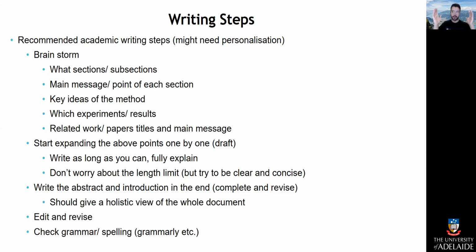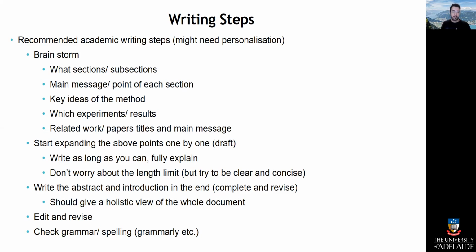So start with the big picture of sections and subsections, and add a few words or sentences of what should be included, what the main message is, and what the key ideas are. If you're talking about the method part, what are the main differences of your work? What are the main tools and approaches that you have combined? For example, I have used GloVe embedding, I have used BERT, and this is how each of them works.